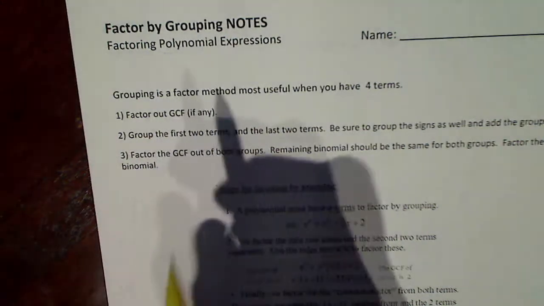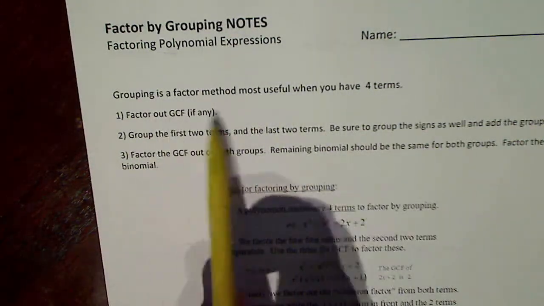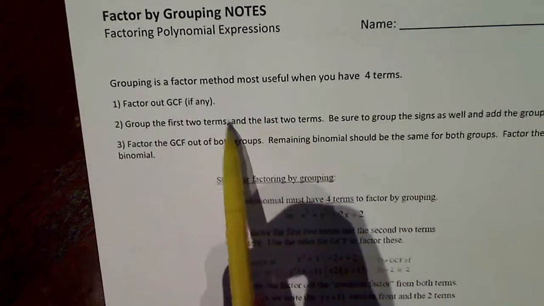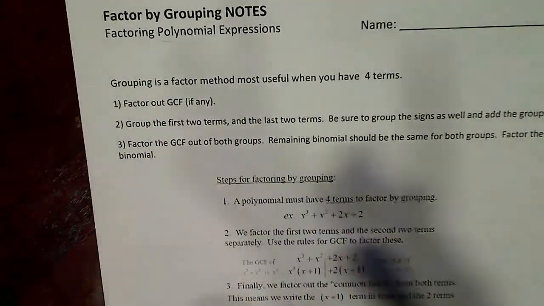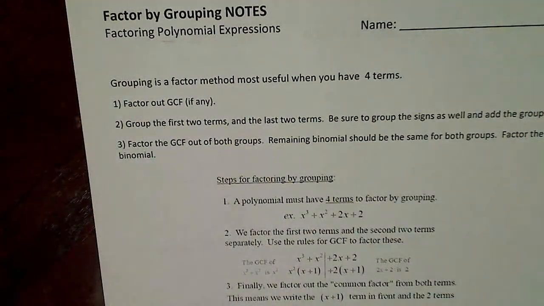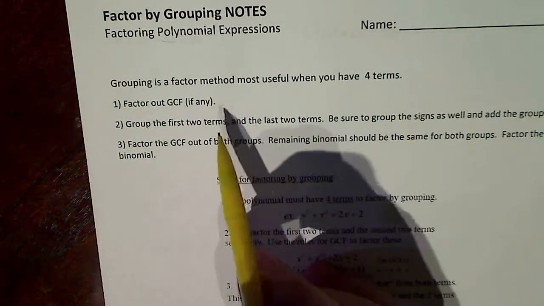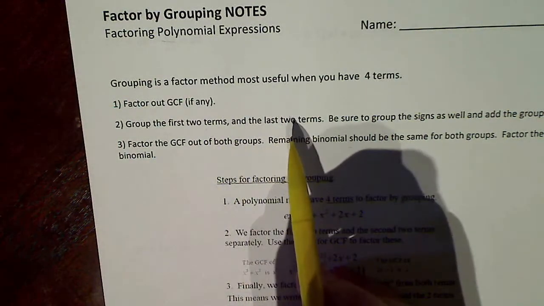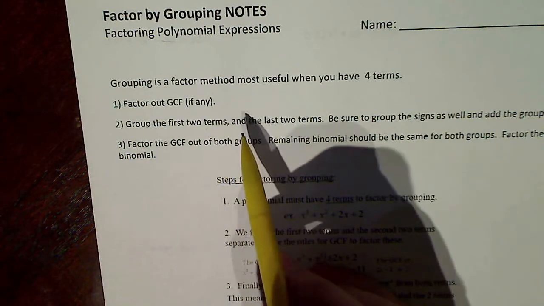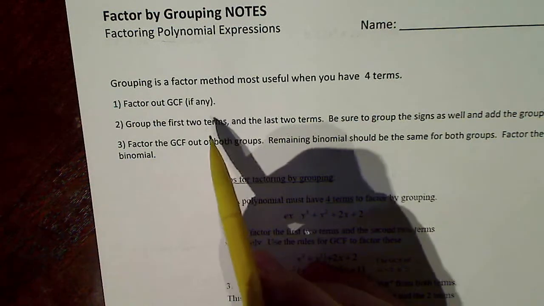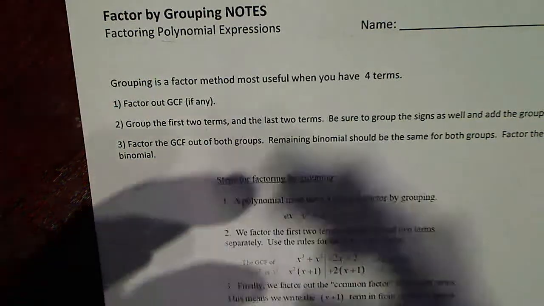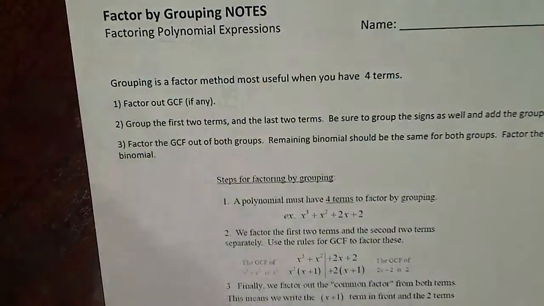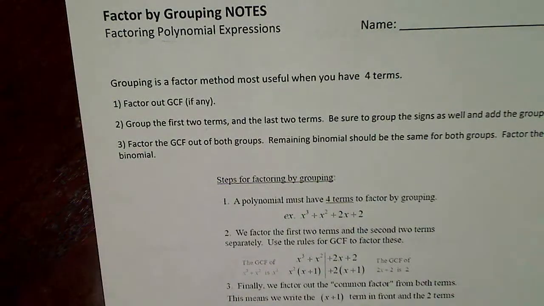So the basic steps essentially will be to factor out a GCF if possible, if we have one. That's always going to be a first step whenever we do factoring, because that makes things easier to work with. We're going to group the first two terms and last two terms, okay? The grouping doesn't even have to be the first two or last two. It is possible to rearrange in order to regroup a different way.